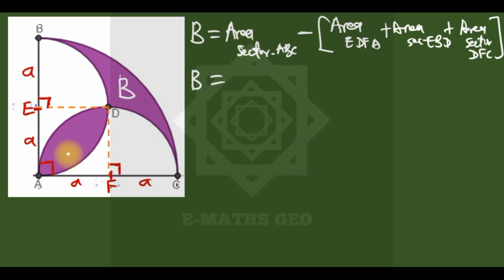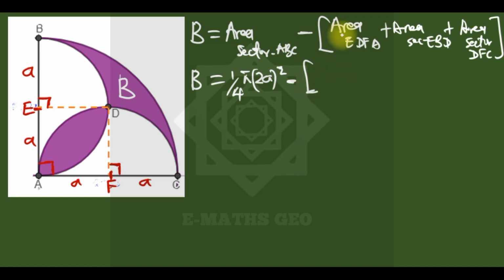The area of a sector is theta over 360; 90 is a quarter circle, so 1/4 pi r squared. Here it is 1 over 4 pi (2a) all squared. That's the area of this big sector. The radius is 2a, the angle is 90, and 90 over 360 is 1 over 4.